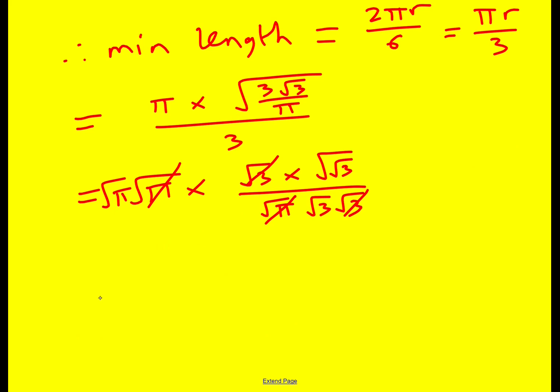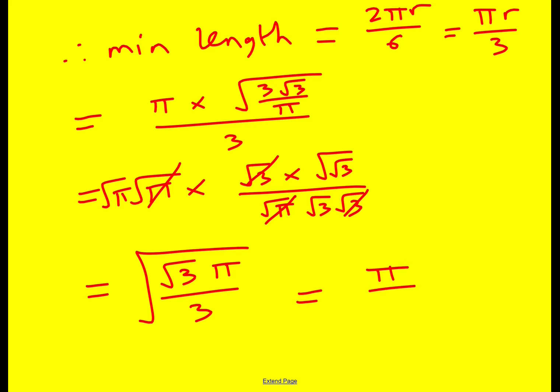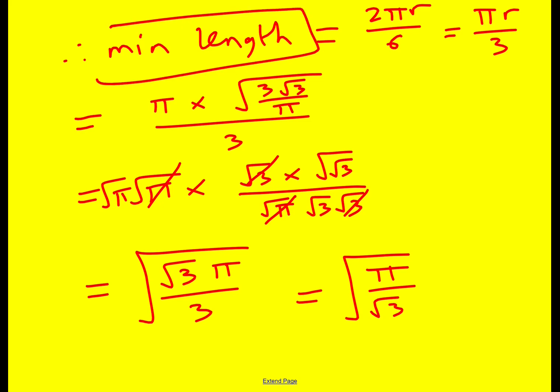And overall, I'm going to be left with root 3 pi over 3, all square rooted. Which, actually, sorry, I could write as pi over root 3, all square rooted. That is our minimum length that would divide that triangle into 2.